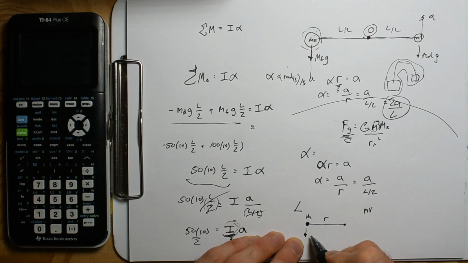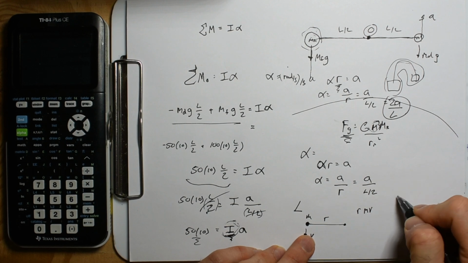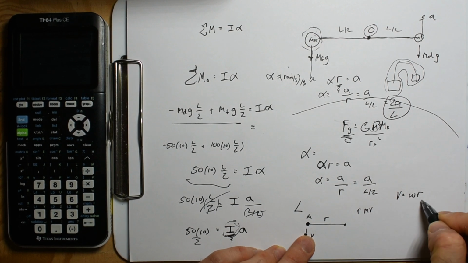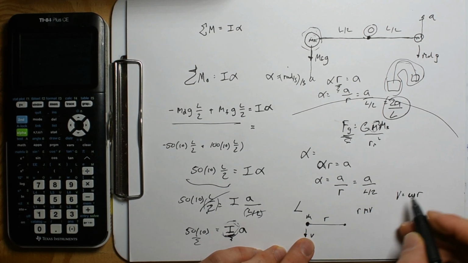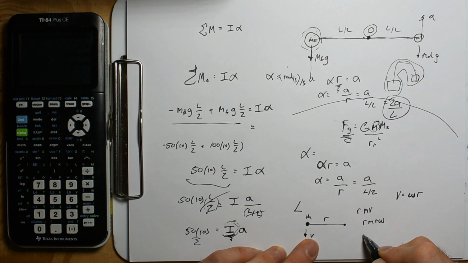So if we do have some sort of velocity that way, it's going to be the radius times the mass times the velocity. Velocity is angular velocity times r. So we have r m r omega, and this is m r squared omega.